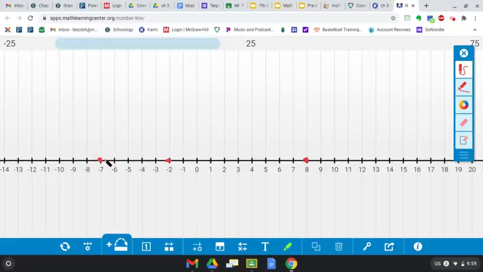If I were to ask questions about this, what's the smallest value out of those three? I could see that -7 is furthest to the left, so that would be the smallest. The greatest value of those three would be +8, because that's the furthest to the right.